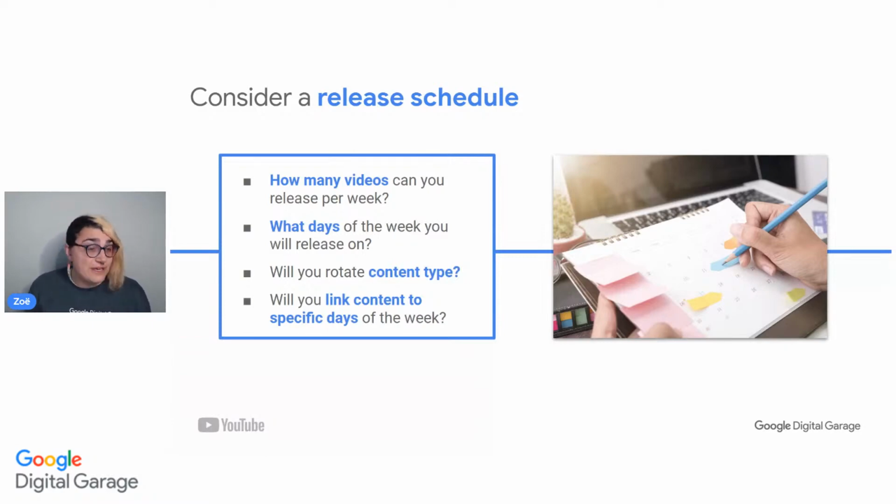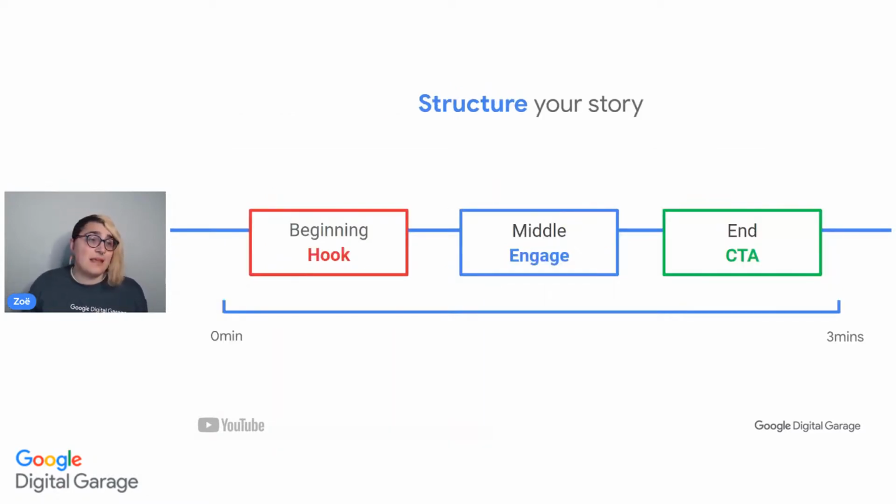You could do reviews on Tuesdays. You could do diary content on Wednesdays, linking different content to different days of the week as well. Again, the idea with this is to make sure that your audience knows what to expect, and that's what you can provide them, that certainty.